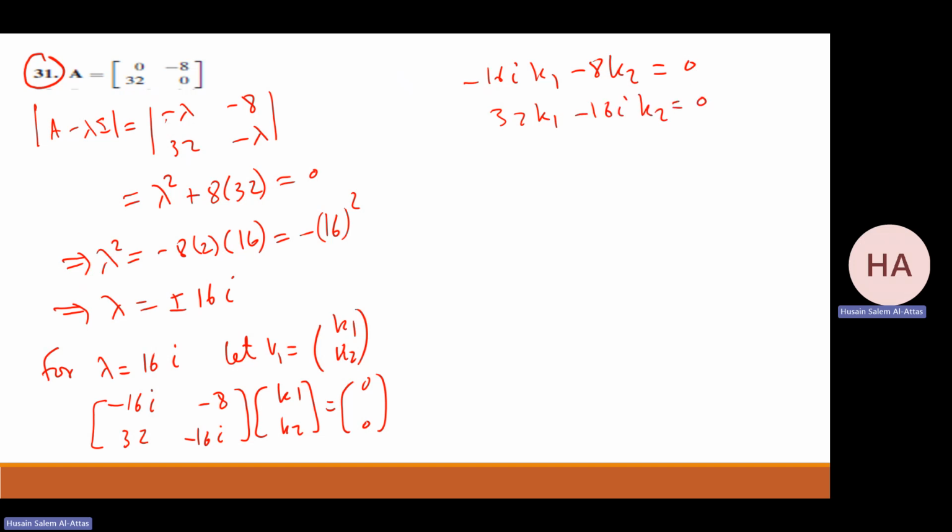If you multiply, you get minus 32 i squared, which is 32. So everything is okay, and you have only one equation. So we'll do the first one. Minus 8 K2 will be 16i K1, so K2 will be minus 2i K1.